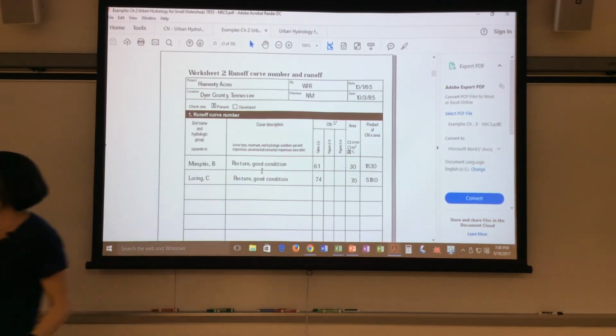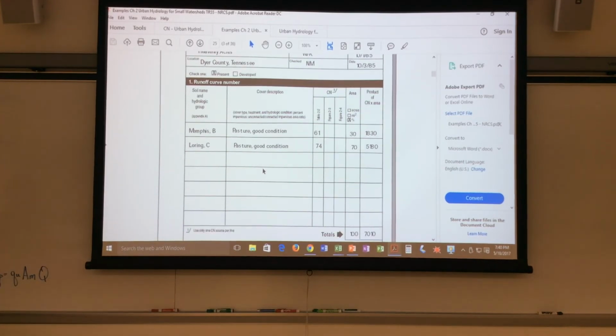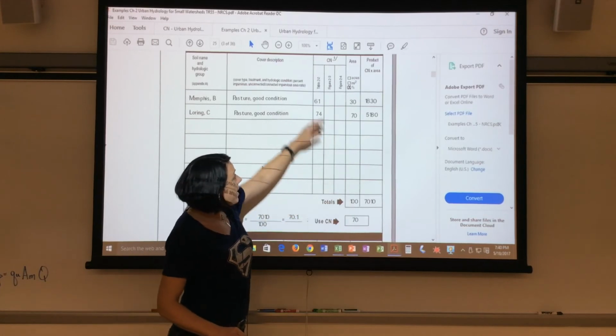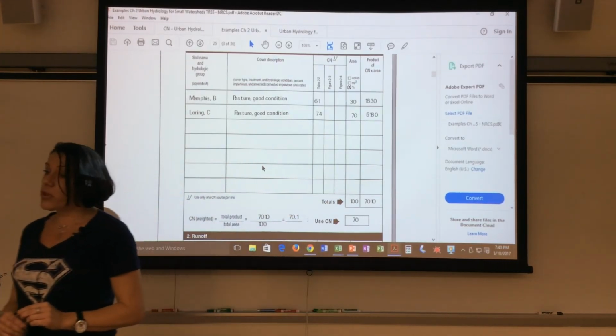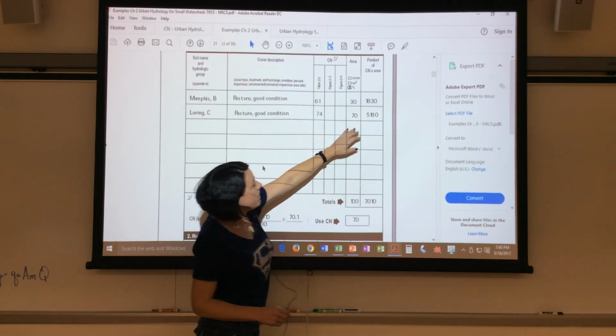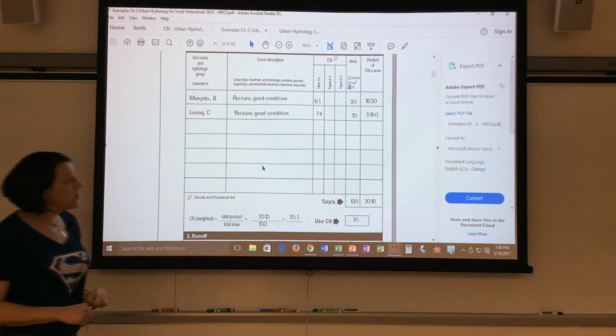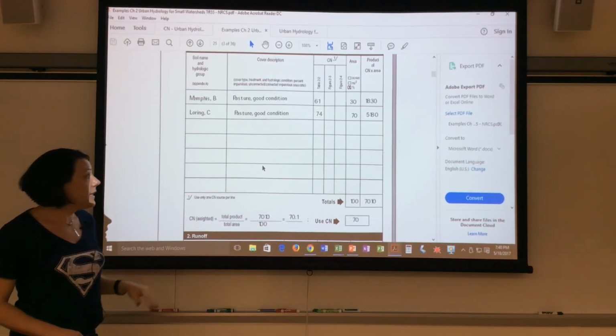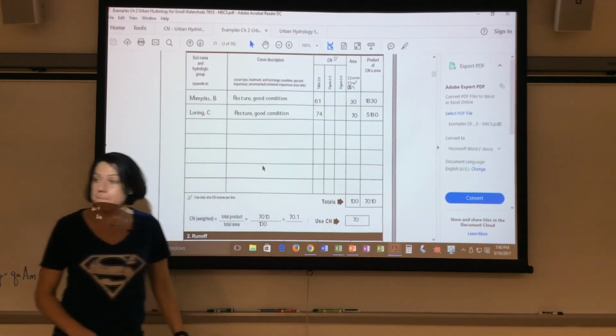So what it's basically saying is that out of 100%, the weighted average for those two, remember that 30% was at a 61 curve number and 70% at a 74, then the weighted curve number is going to average about a 70.